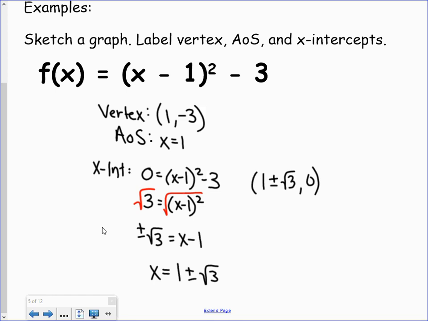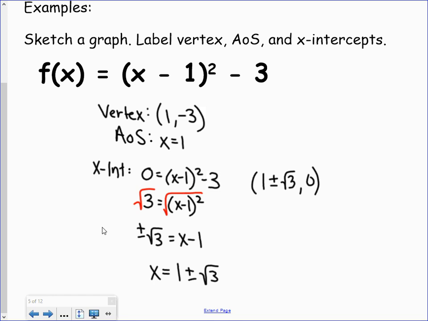But the plus or minus would still be in front of the square root of 3. So it'd be plus or minus square root of 3 plus 1. So you do square root of 3 plus 1, negative square root of 3 plus 1, which is the same as 1 minus square root of 3. I like to write mine like this because this is how you would see most solutions.